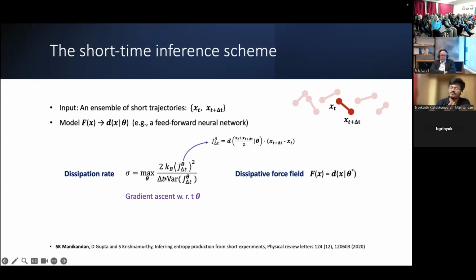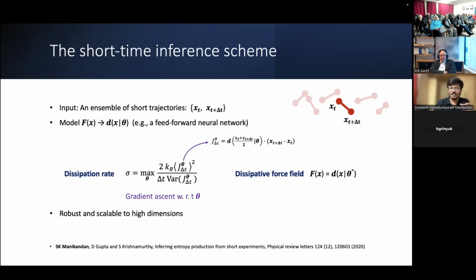So in particular, if you are able to measure all the degrees of freedom in your system, and if you are able to work with short enough trajectories, then theoretically this procedure is bound to give you an exact estimate of dissipation.